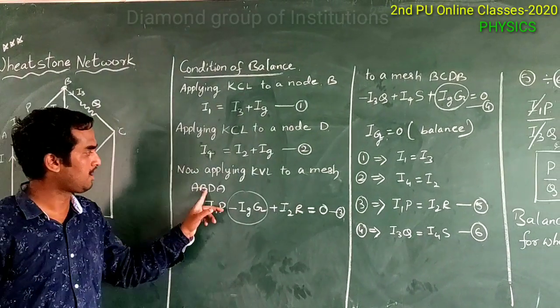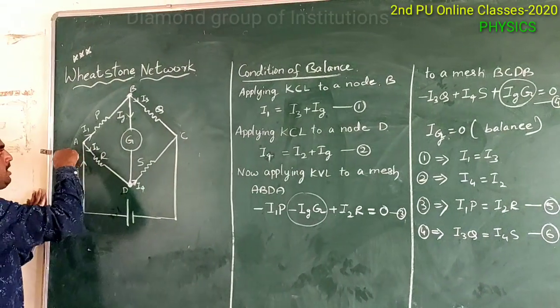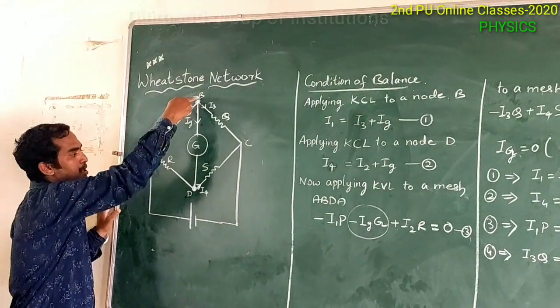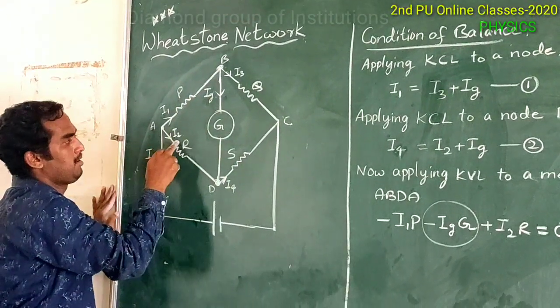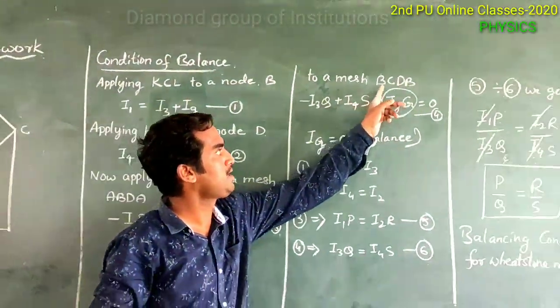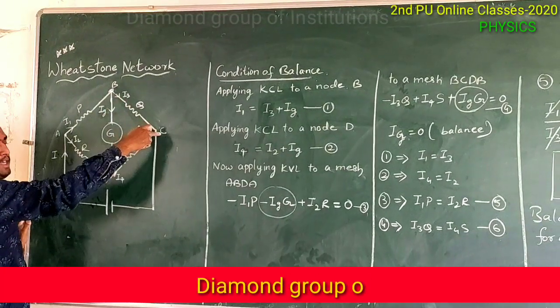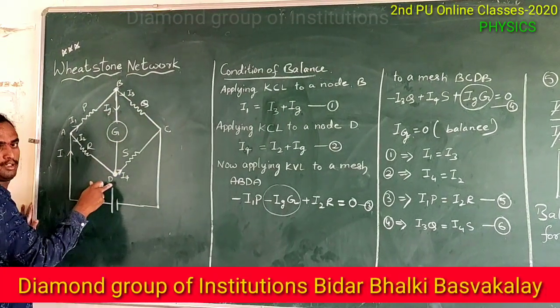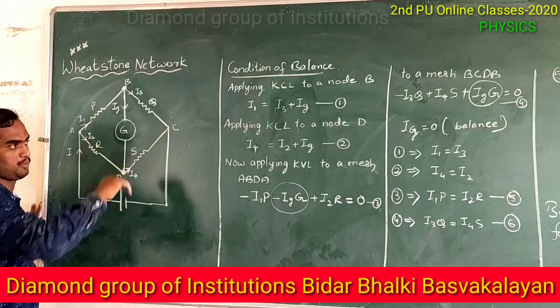Next, second law at ABDA: AB negative, BD negative, D to A positive. See here. Next, BCDB: B to C negative, C to D positive, and D to B positive.